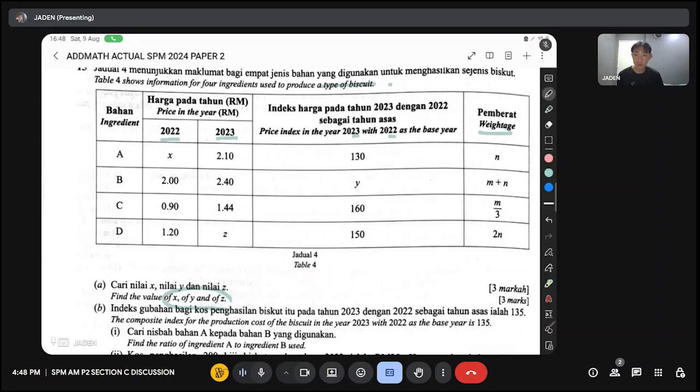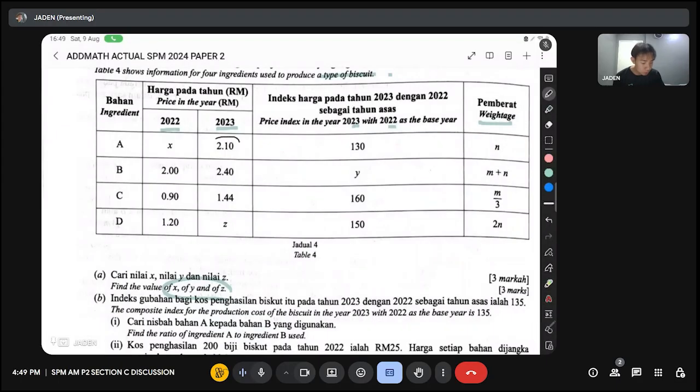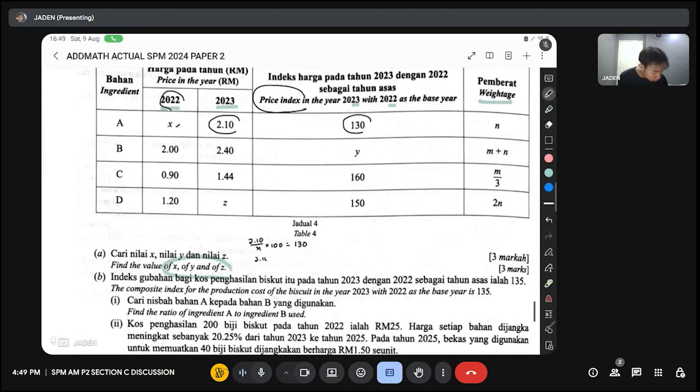So to get our x, we take the year 2023 price, 2.10, divide by the 2022 price, which is x, times 100. This is the price index formula, and then we will get the price index of the corresponding years. So this is 130. Okay, and then the rest is basic operation. We have to move things here and there. So my next step is 2.10 over x equals 130 over 100.